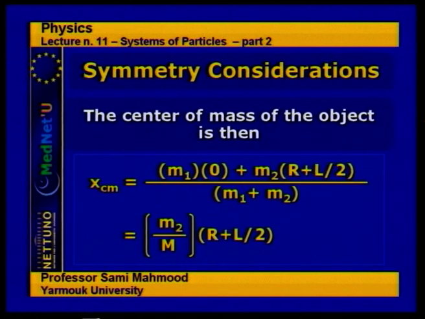And on the right-hand side, we have the mass over mass, which doesn't have any units, and the remaining quantity in parentheses, which is r plus L over 2, also has units of length or meter. So the consistency of the units is there in this result.